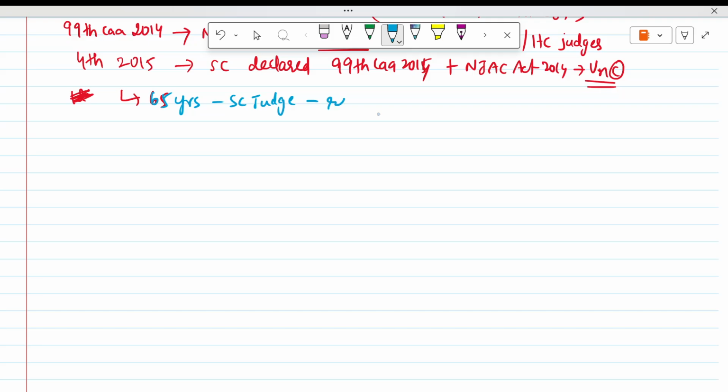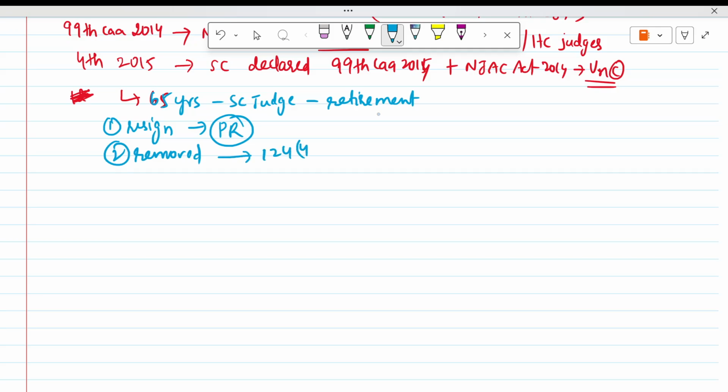He can resign, with the resignation given to the President. Also, he can be removed. This removal is given in 124 clause 4. We will see this one.